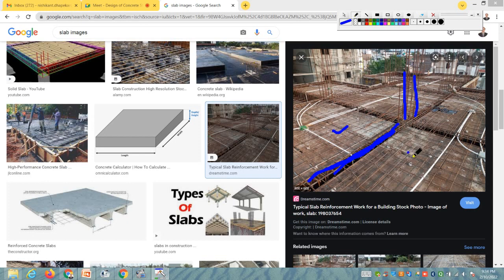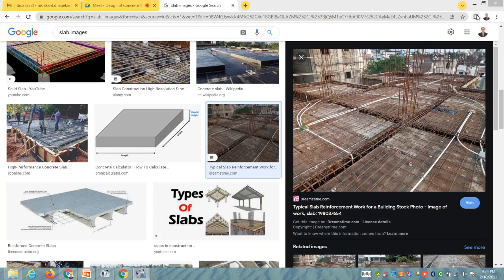This is slab panel. These are the PVC pipes for electric connections. So, this type of reinforcement which you are observing here, this is slab reinforcement. So, today we shall discuss related to the slabs.